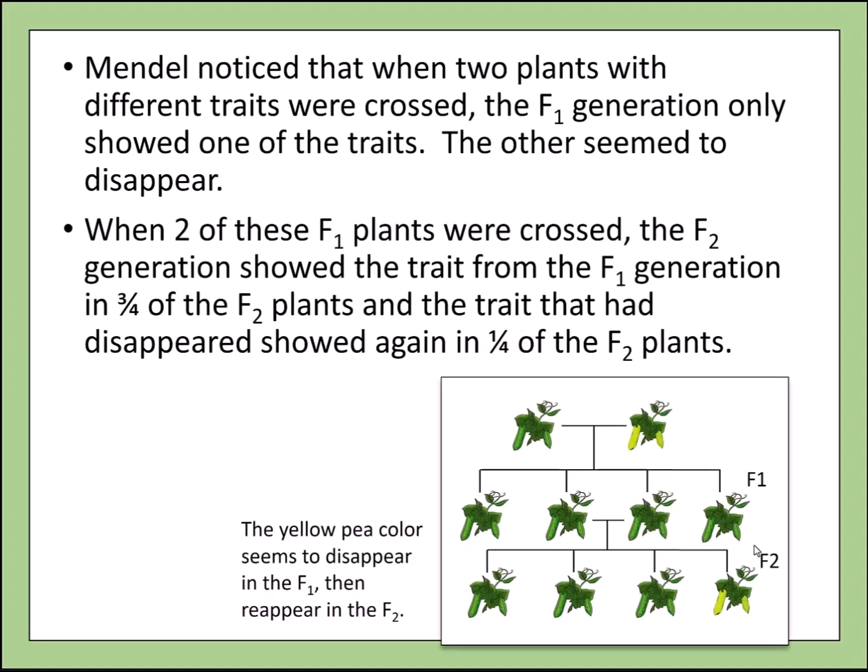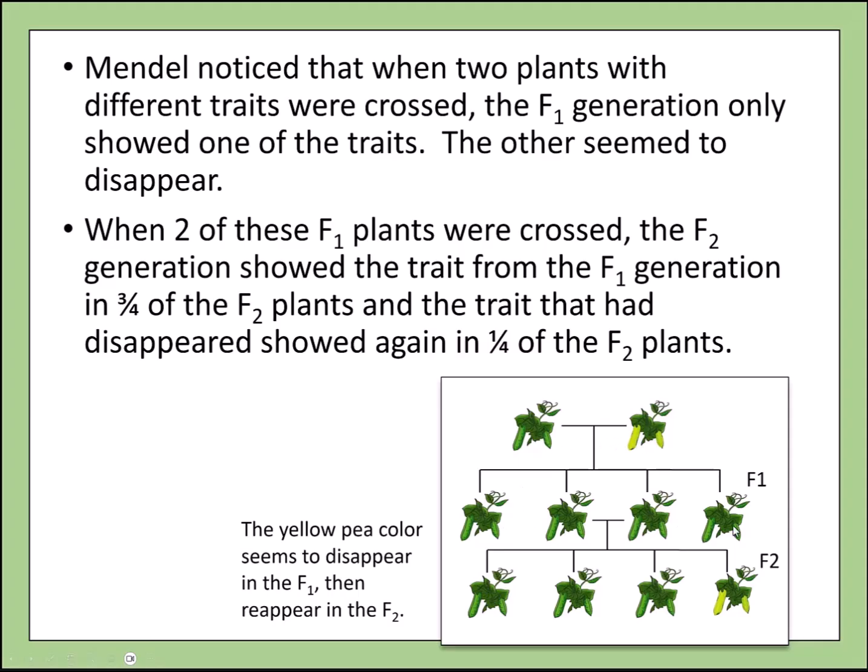When two of the F1 plants were then crossed, the F2 generation showed the trait from the F1 generation in 3/4 of the F2 plants, and the trait that had disappeared showed again in 1/4 of the F2 plants. So in this same picture that we just discussed, this yellow pea pod color disappears when two different plants were cross-pollinated.